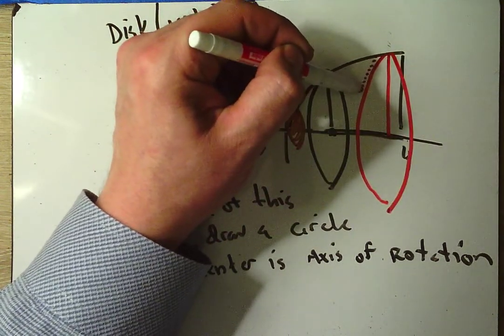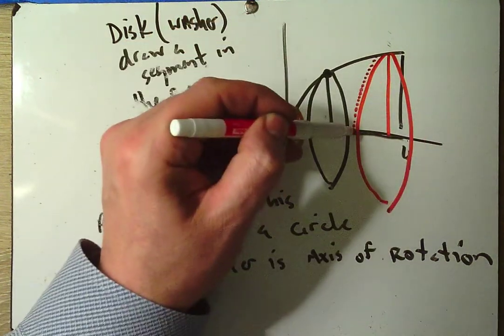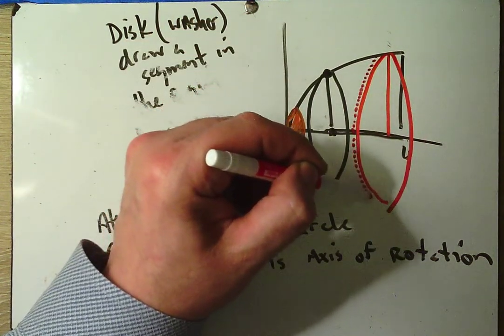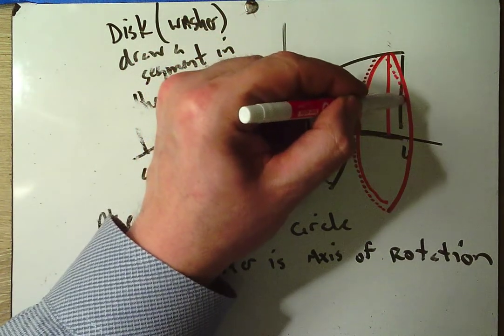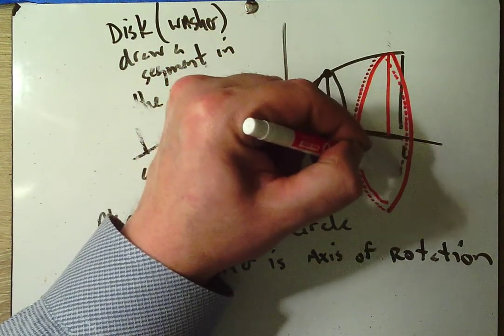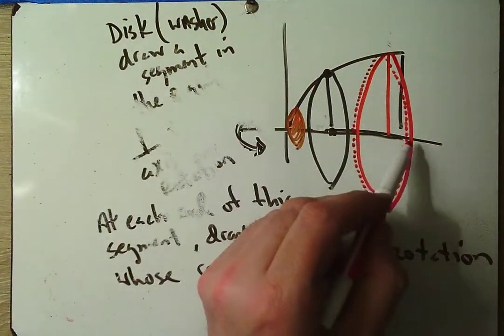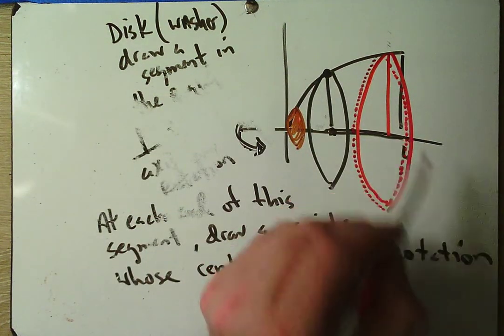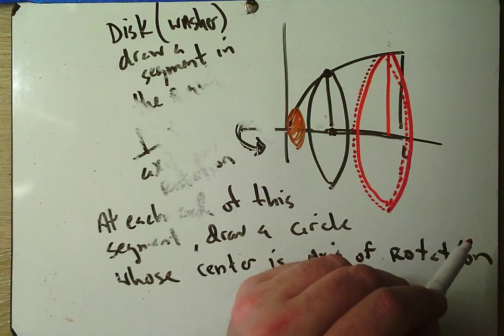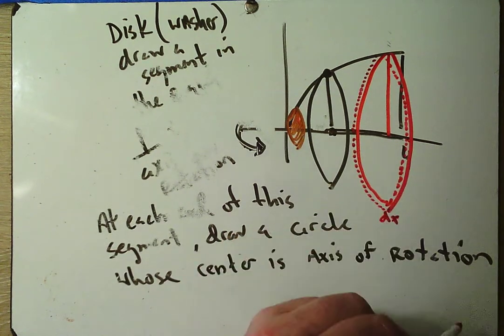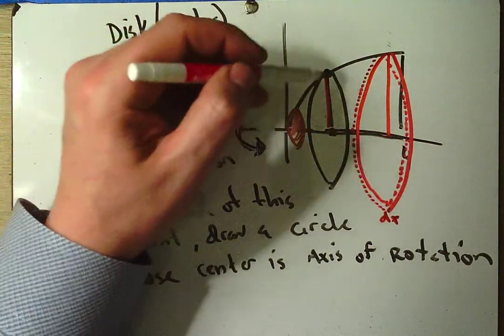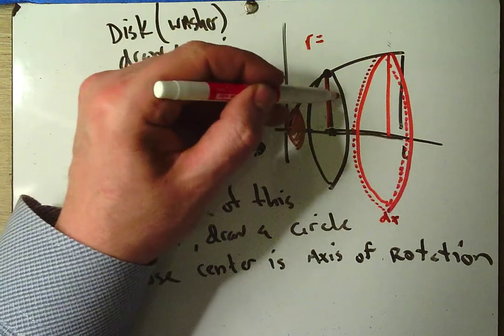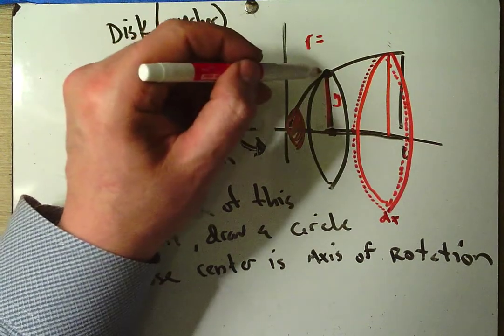Note here, this is that thickness of the slice I was talking about. And if I were measuring that thickness, notice that thickness would be here across the x-axis. That's a dx integral. Okay? This is the radius of the circle. This is my y value at that point.